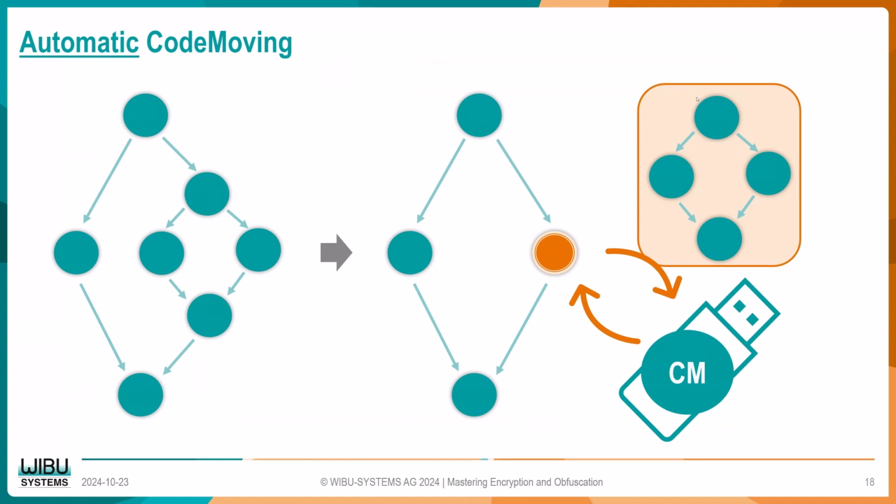So for sure, this has a little impact on performance, but we tell you later on how you select useful functions there. But this is the most secure way you can protect your applications, by attributing single functions or multiple functions with the CodeMoving technique.